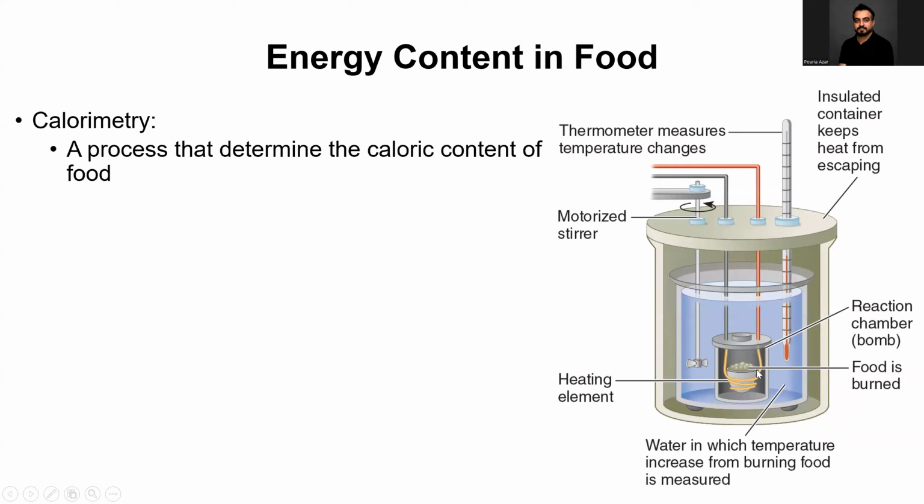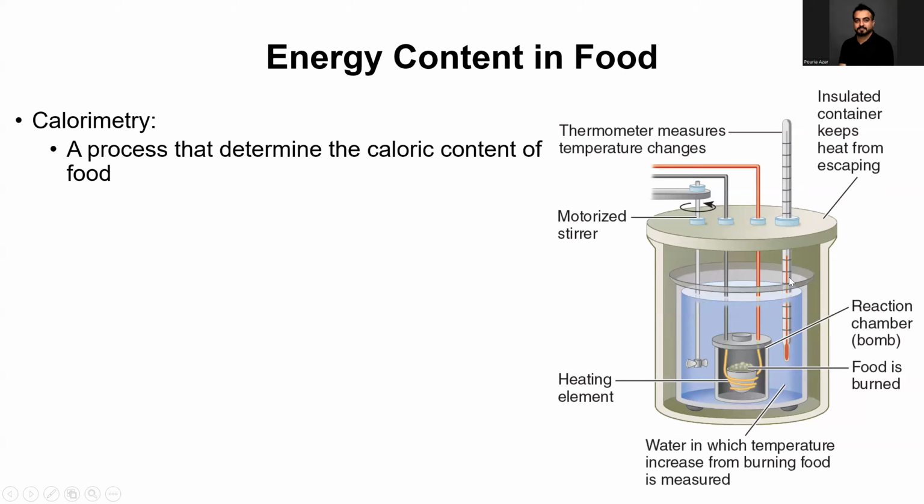So the food is burned here in this section, it's called the reaction chamber. There is water surrounding it, and they measure the temperature of this water after burning the food. Because we said the calorie is defined by the amount of heat required to raise the temperature of 1 kilogram or 1 gram of water by 1 degree Celsius.